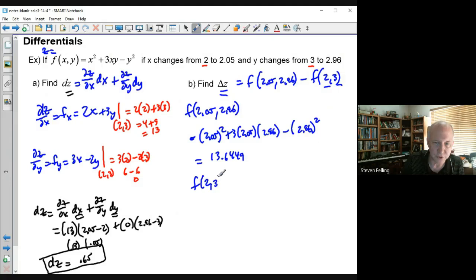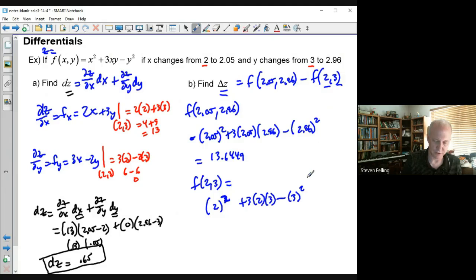f of 2, 3 is, let's see, we've got the x squared, so 2 squared, not cubed, plus 3 times 2 times 3, minus 3 squared.